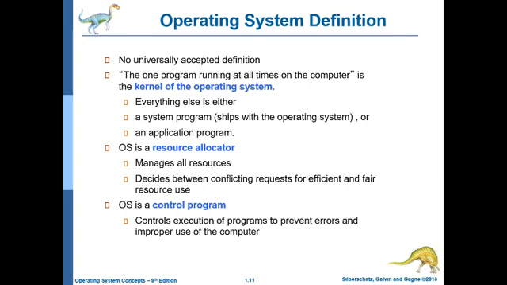And we talk about the second definition of operating system as a resource allocator. What are resources? Resources can be hardware, software, which are present inside your computer system. So the operating system actually manages these resources.